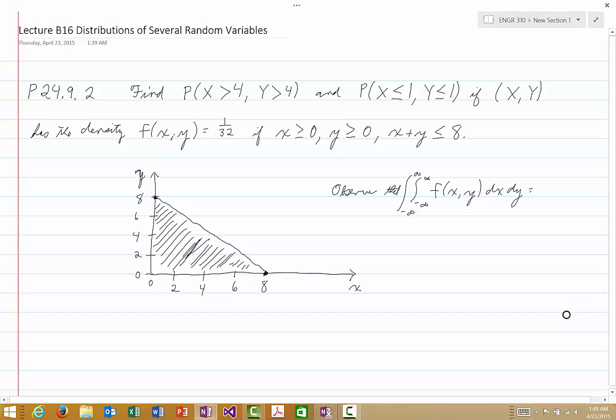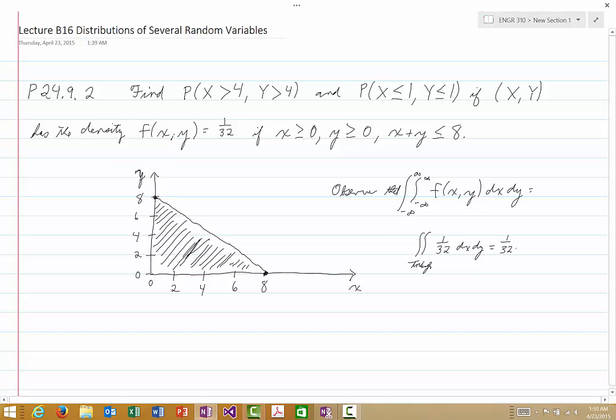So this would be equal to the integral from negative infinity to infinity. Well, let me rewrite it like this. Of course, when we integrate 0, we get 0. So we only have to worry about the part over the triangle. So I'll just say triangle, and I won't try to fix the boundaries. 1/32 dx dy, and the 1/32, of course, is a constant, so it can come outside of the integral.